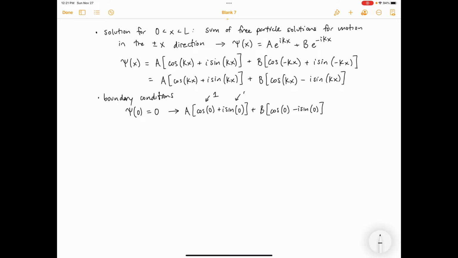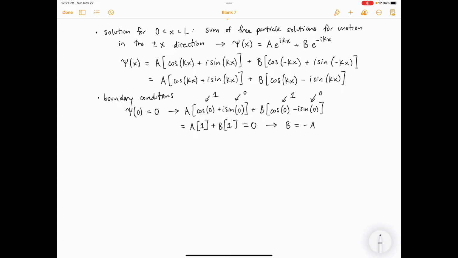Sine of 0 is equal to 0. And that's also true over here. So what we have is a times just 1, and then plus b times also just 1. And we're saying that has to equal 0, right? So what that tells us is that b is actually just equal to minus a.